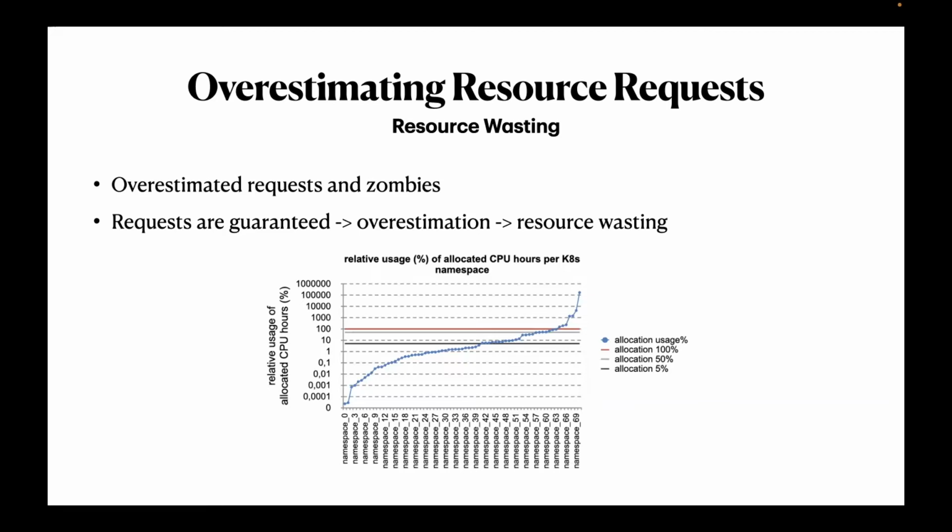And we can see how poorly the resources are allocated and how poorly they are used. Nearly 60% of the namespaces use less than 5% of allocated resources, which is the black line in the image. And the fact that some namespaces use more than 100%, which is the red line, is caused by Kubernetes allowing pods to have their CPU limits greater than guaranteed.